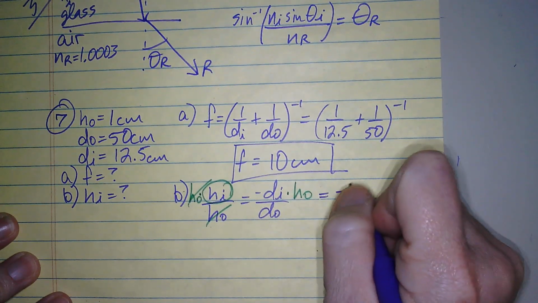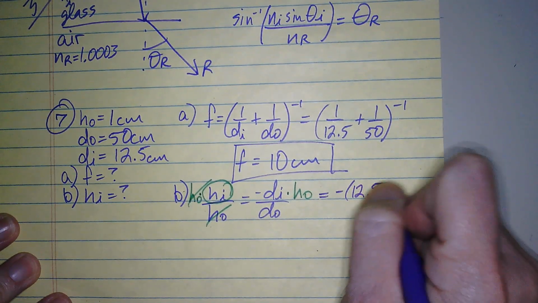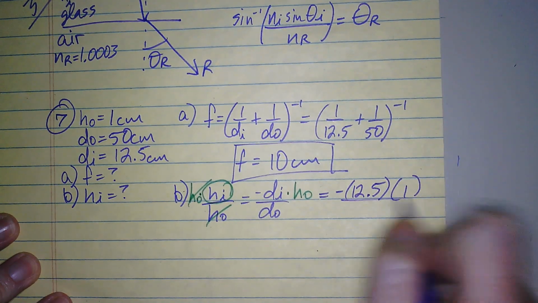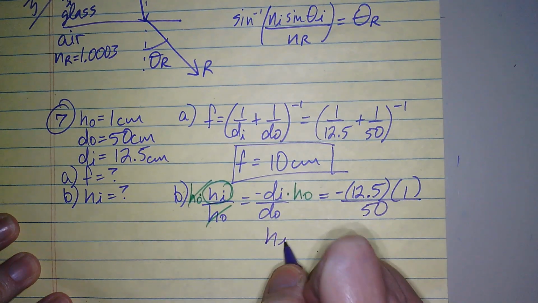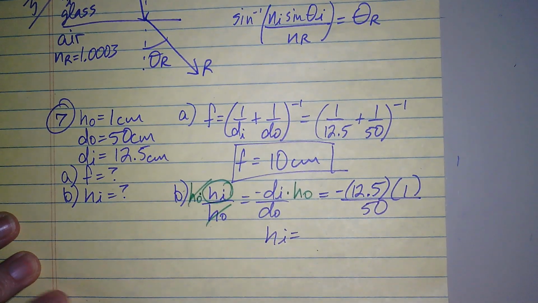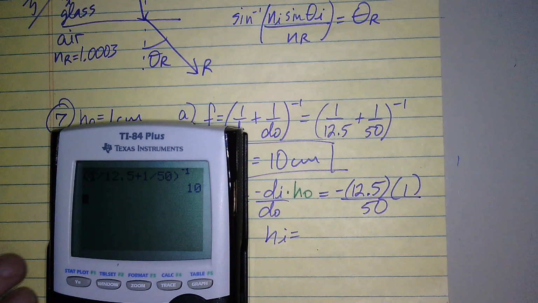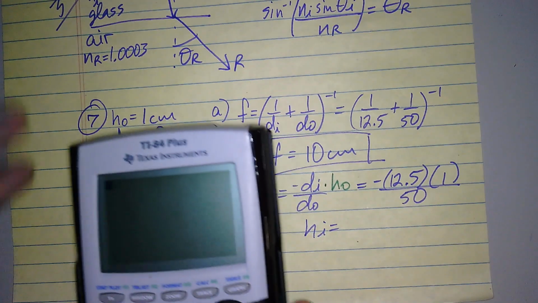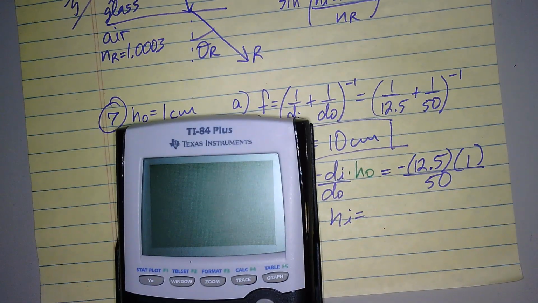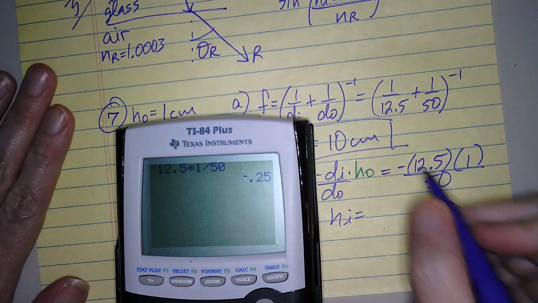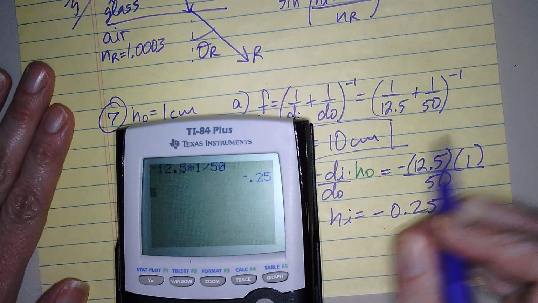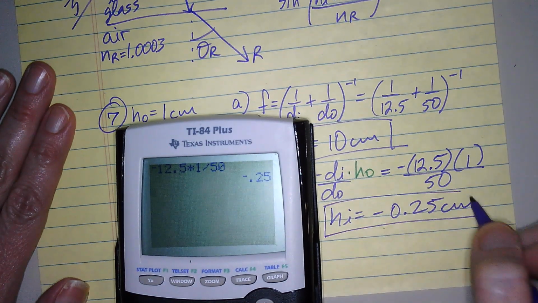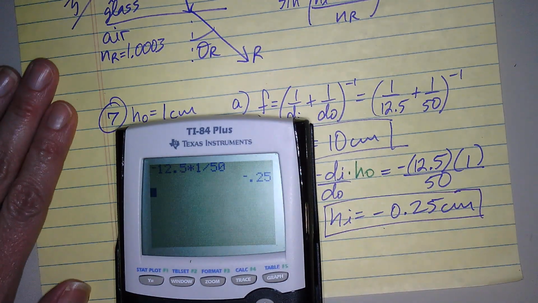So that's negative of 12.5 times 1 over 50. So I get negative 0.25 centimeters.